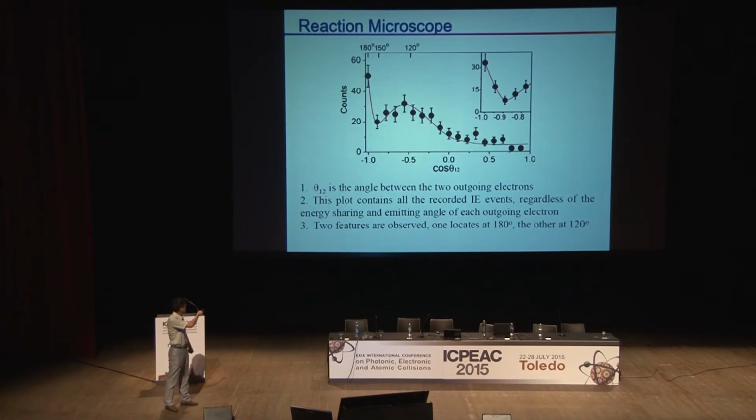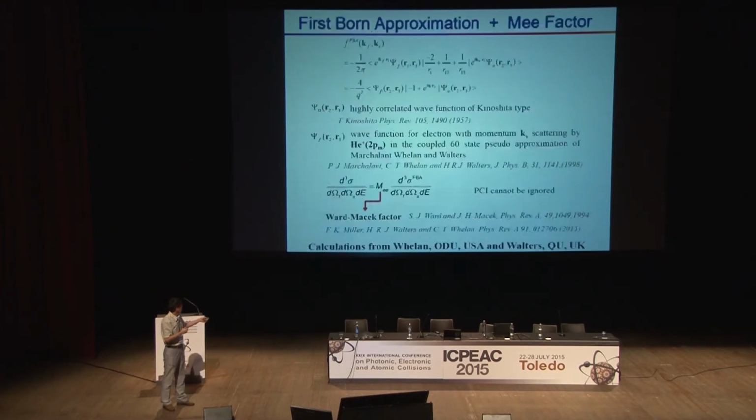Here is a zoomed view of this peak, and another, the 120-degree peak. To trace back the reason for these two peaks, a calculation based on the first Born approximation is performed.